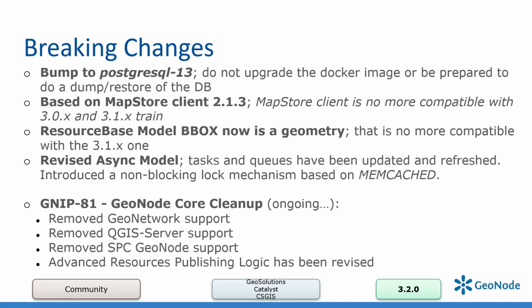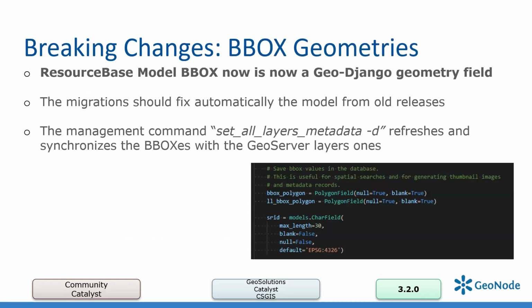So we started removing the support for GeoNetwork as a catalog service, QGIS Server, and the SPC GeoNode Docker installation, which was very old and hard to maintain, and was causing a lot of issues to a lot of people. The cleanup is ongoing, so most probably in the next version we will remove more old stuff that is not used anymore. So be careful.